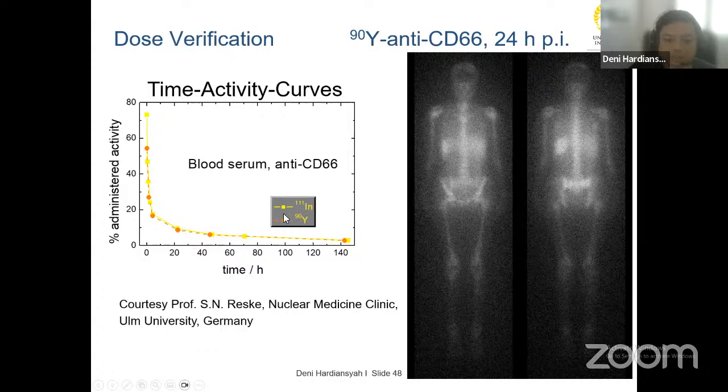And this is the result from the therapy, from the blood serum of anti-CD66. We need to make sure that what we predict is the one that we can get from the real therapy. And as you can see here, we can make sure that the result is good because what we really plan really happens in the therapy process.